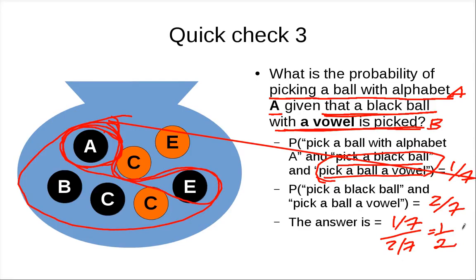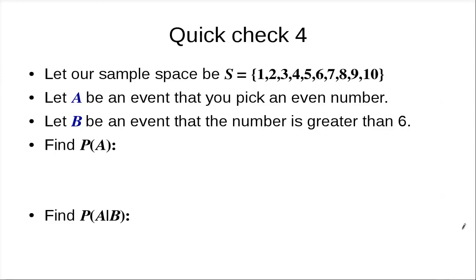So that's the example. Now the last quick check. We have a sample space like this, and event A is that you pick an even number, so any of these numbers, and event B is that the number is greater than 6.